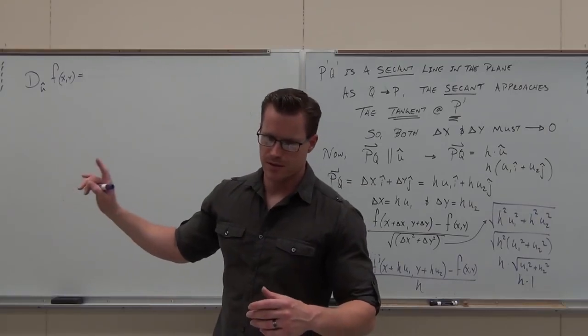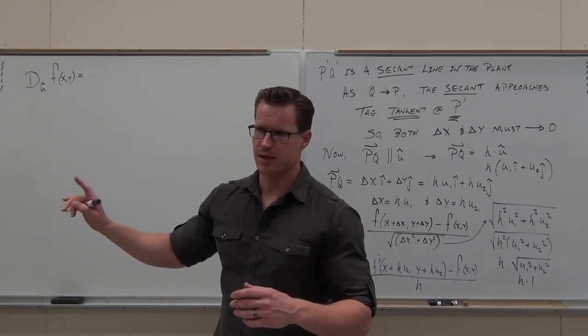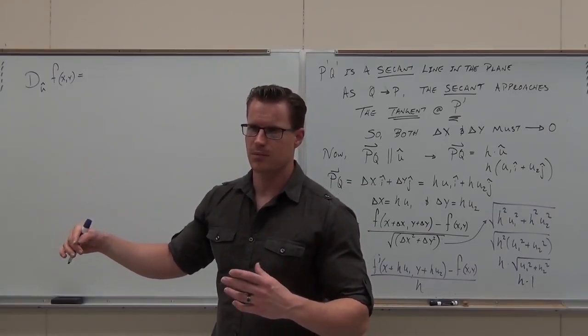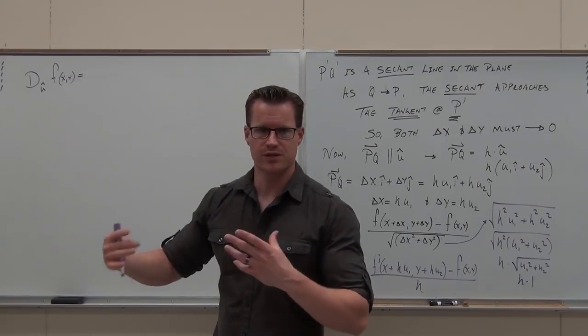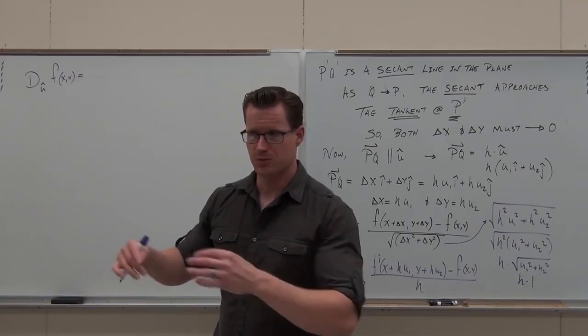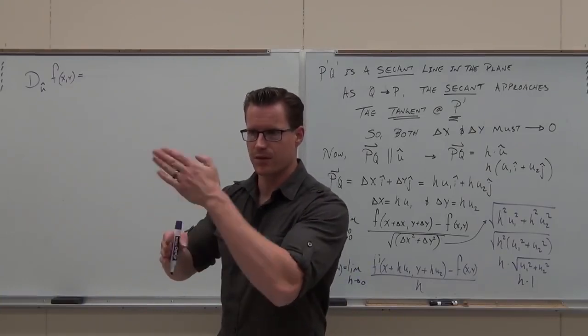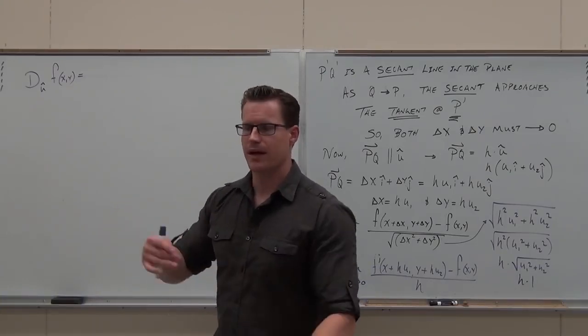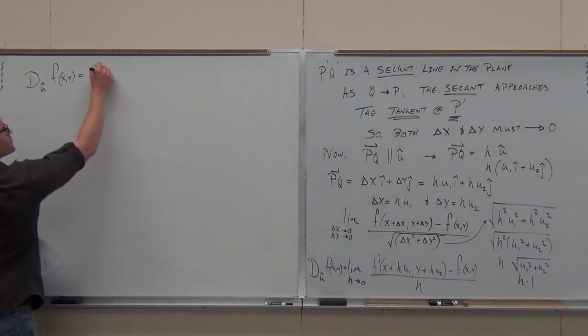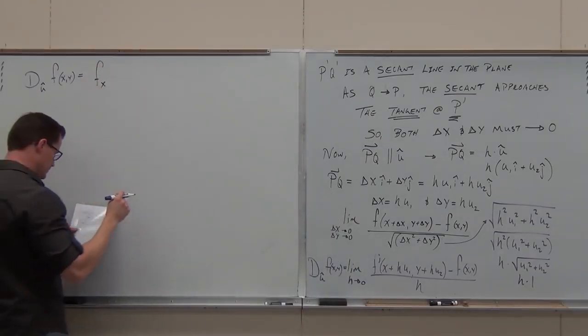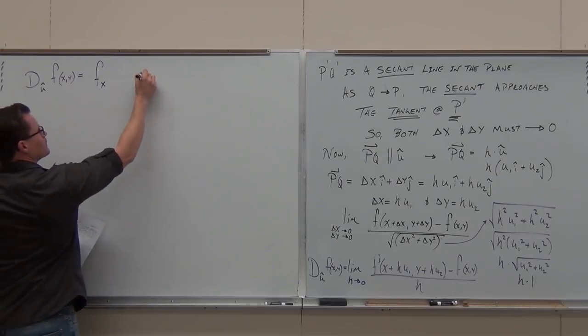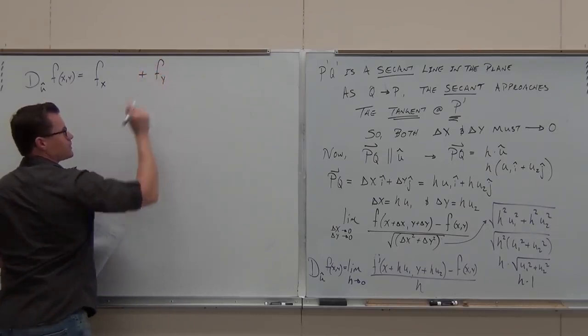Because we defined that vector as delta x, delta y, we get to think of these as partial derivatives added together. If you think about that, that's what P and Q were. The vectors were separated along the x and along the y, and then we added them. That's what we do here. We take a partial derivative along the x. We take a partial derivative along the y.